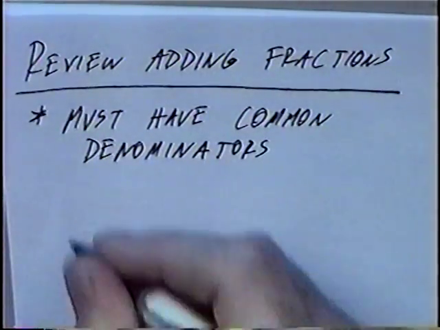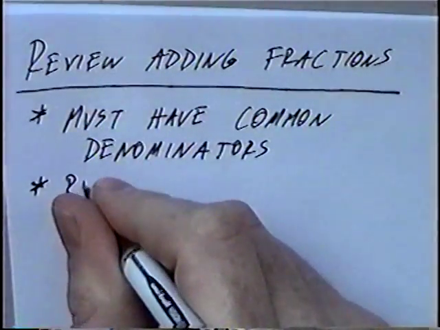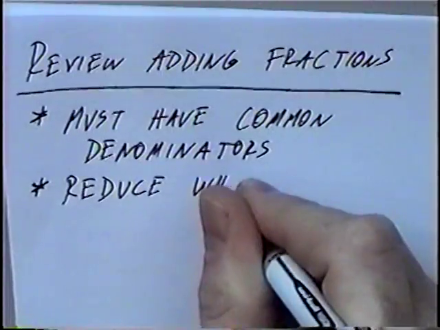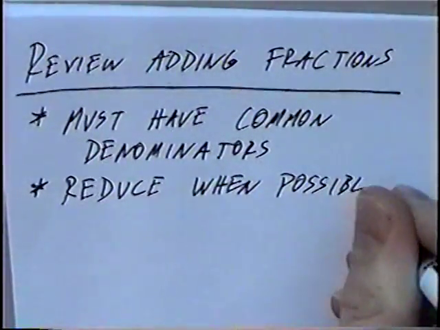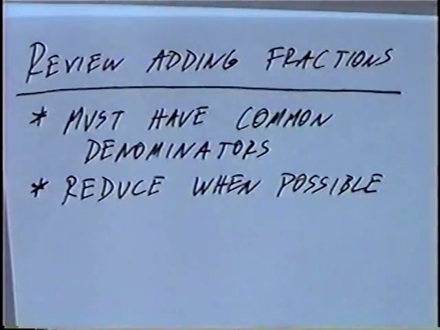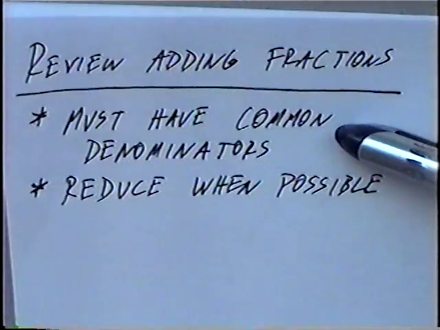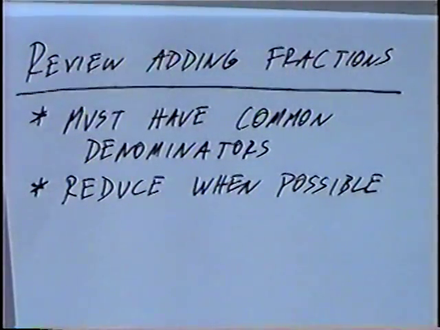And the second step, to add fractions, reduce when possible. When adding fractions, we have to have the same or common denominator, which means the bottom number of the fractions will both be the same. And when we add fractions, we can reduce the answer when possible.